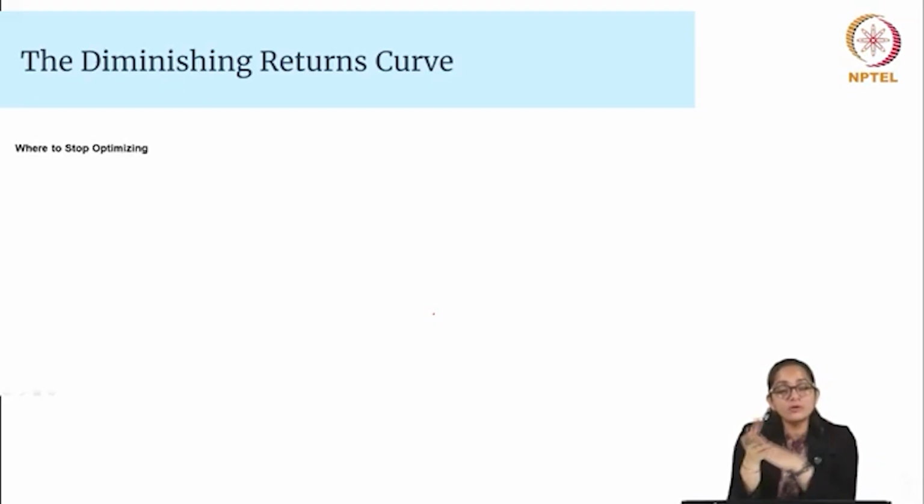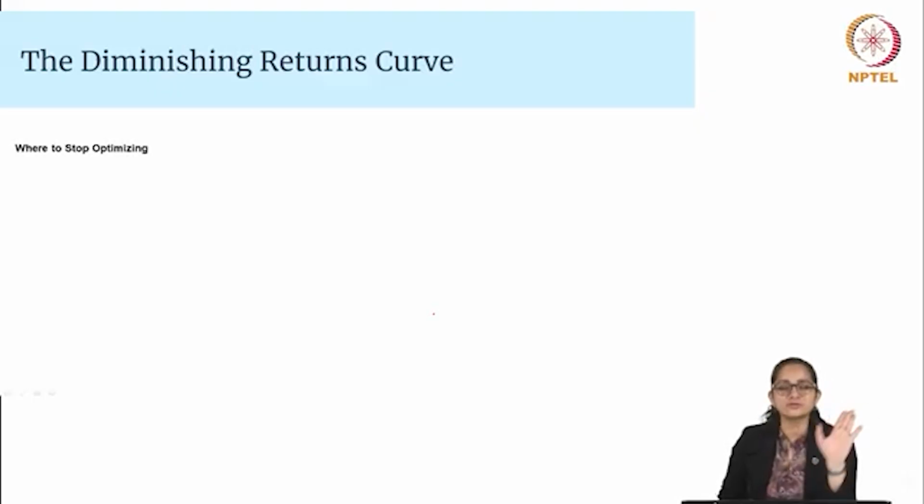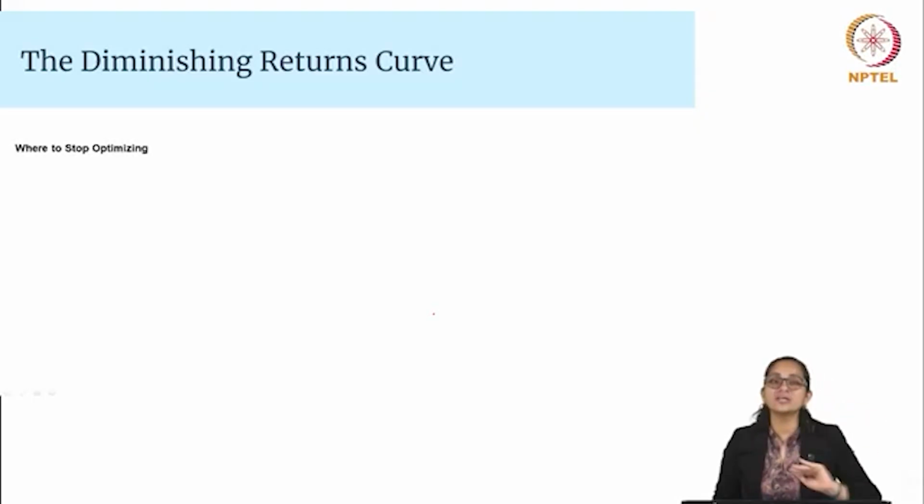But as you move along the curve, the time and investment may keep growing, but the return starts decreasing. That is why it is called the diminishing returns curve. This can help us understand where to stop optimizing and say, okay, now we are done and we can roll out the product and launch it in the market.